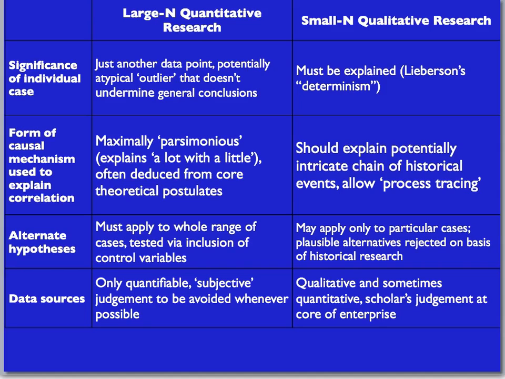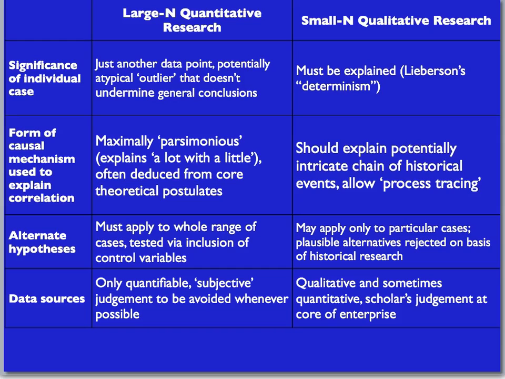Finally, data sources. In large N quantitative research, obviously you've got to rely on quantifiable data sources, and people try very hard to set up criteria that are very clear for how they measure things, to make the judgment as objective as possible.